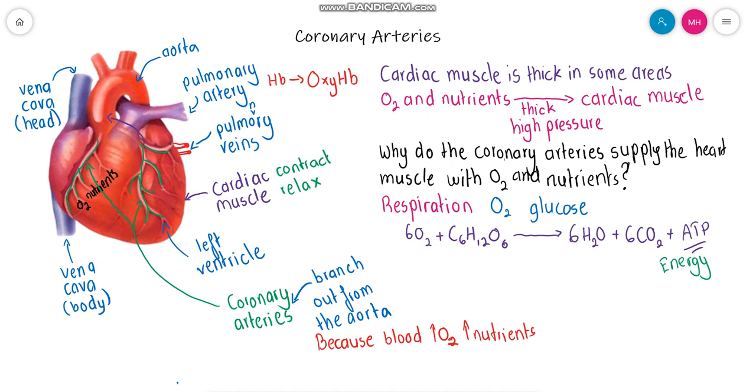So the pumping and contraction and relaxation is synchronous, even though they're on different sides and they pump oxygenated and deoxygenated blood. They contract their ventricles at the same time and relax their muscles at the same time.